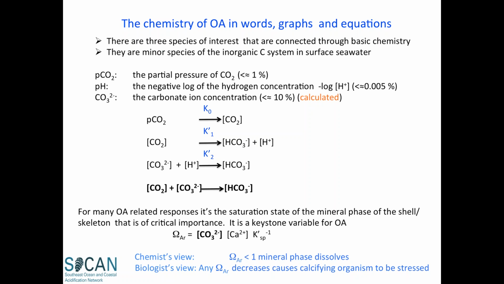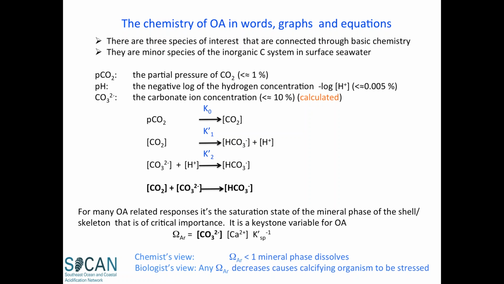Now, for this presentation, we are going to go one step further and not talk about the carbonate ion, but actually a saturation state, which is a calculated parameter which basically says the state of the mineral, in this case the aragonite mineral, which is a calcium carbonate mineral, which is important in shell building.